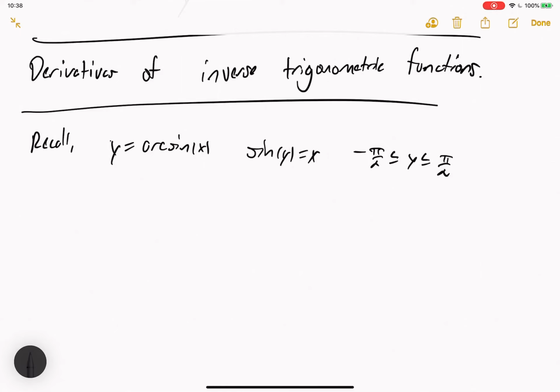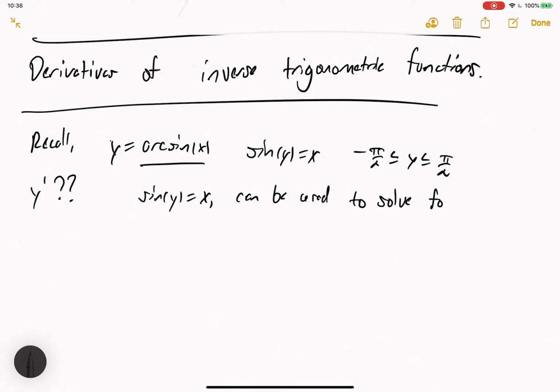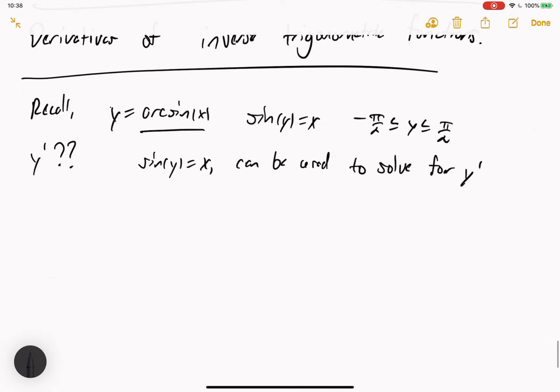So if we want to find y prime, we don't know what the derivative is, so we'll put a question mark there, but we can use sine of y itself to solve for y prime. And as you can guess, as we've been doing in this chapter, using implicit differentiation.